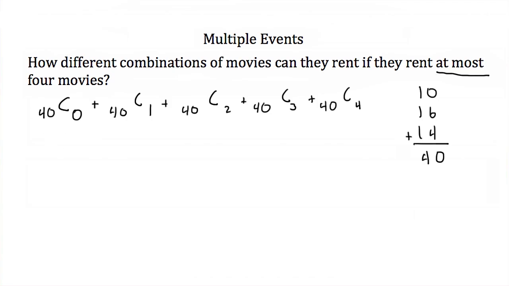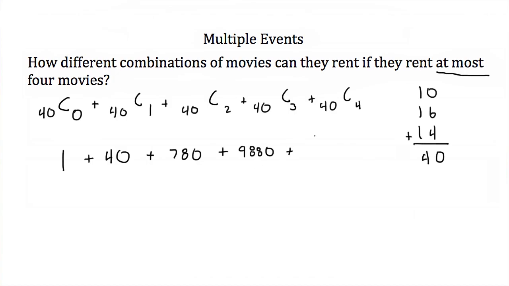Now we need to solve for all the different possible combinations of choosing 0 out of 40, 1 out of 40, 2 out of 40, 3 out of 40, and 4 out of 40. Now there's only one way to choose 0 movies out of 40. You just don't choose any movies. There's 40 different ways to choose one movie out of 40. If you calculate the rest of these out, there are 780 ways to choose 2 movies out of 40. There are 9,880 ways to choose 3 movies out of 40.